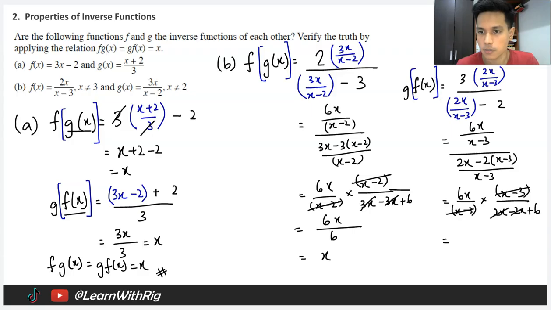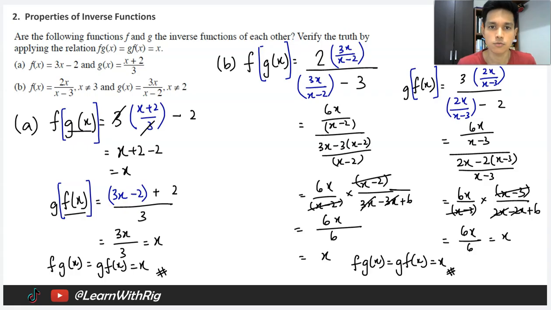You can subtract this, so you get 6x over 6. Answer is x. So you can say that it does fulfill the condition. So f(g(x)) equals g(f(x)) equals x. Therefore the two functions f and g are inverse functions of each other. Alright, next.